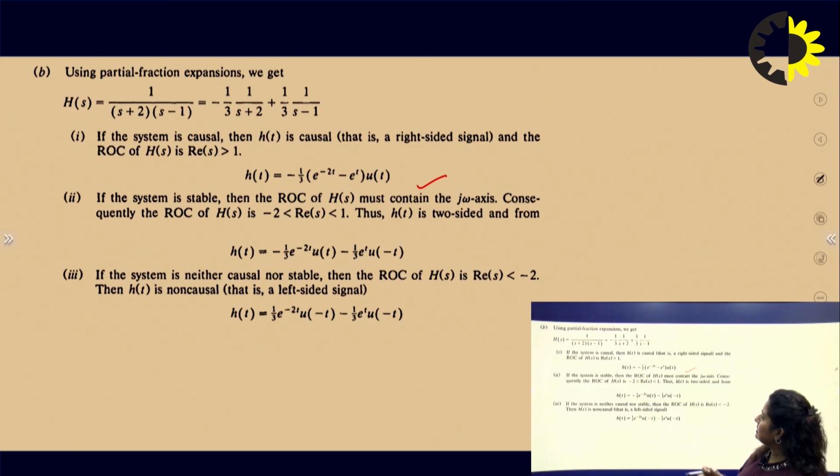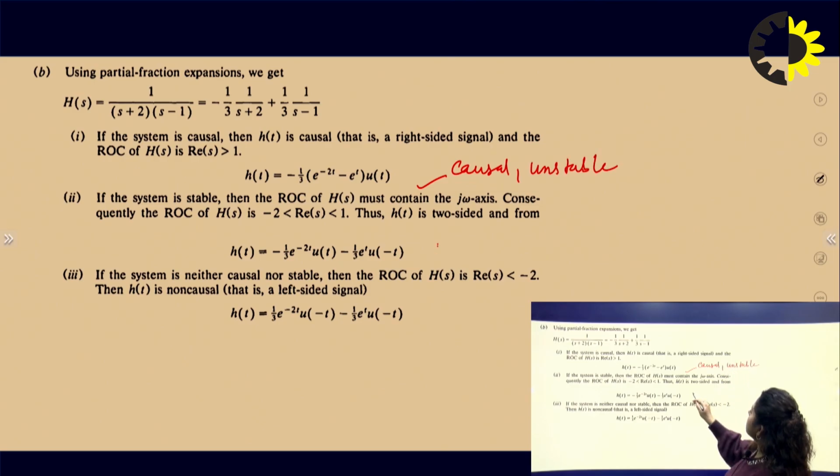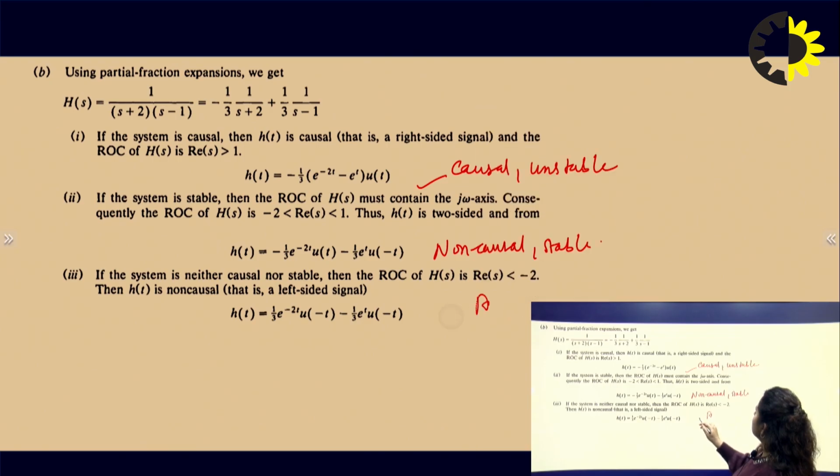The second is non-causal and stable, and the third is anti-causal and unstable.